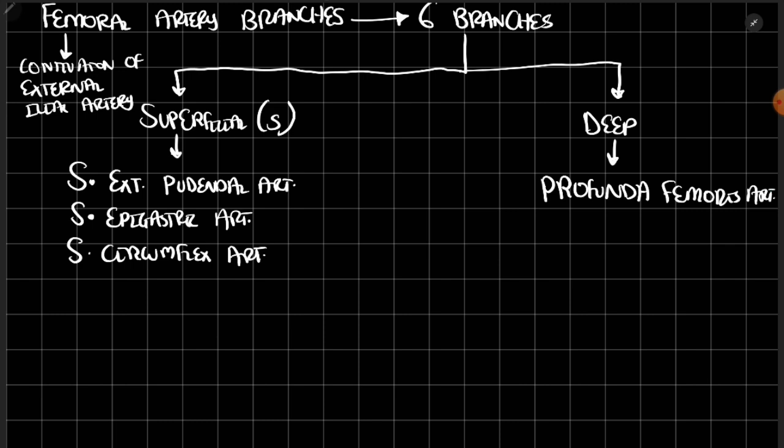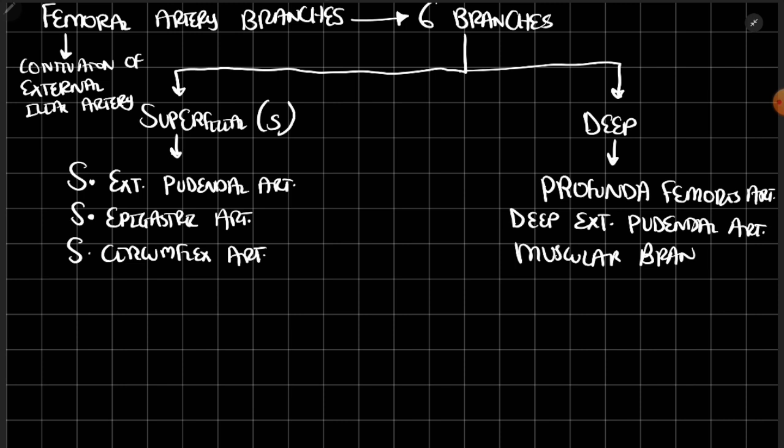Okay, this is the most prominent branch, the main branch, which is the deep branch of femoral artery. The next branch is deep external pudendal artery, and the third branch is some muscular branches to the muscle. Okay, these are the muscular branches.